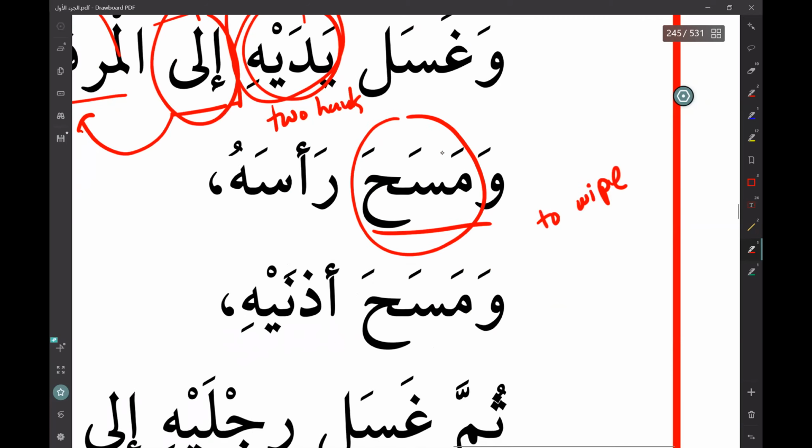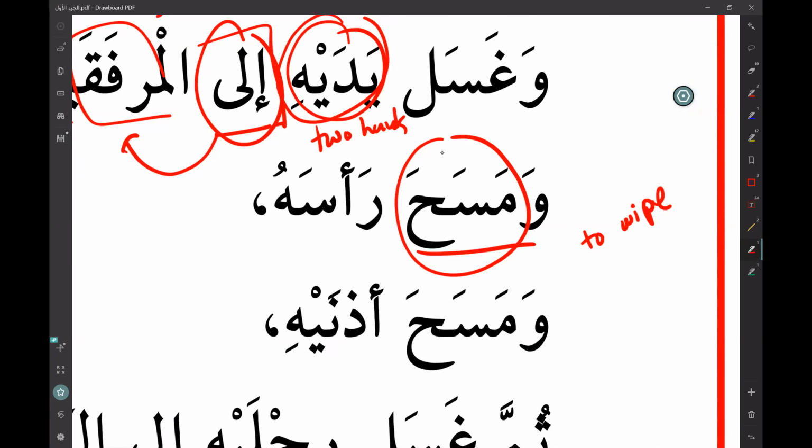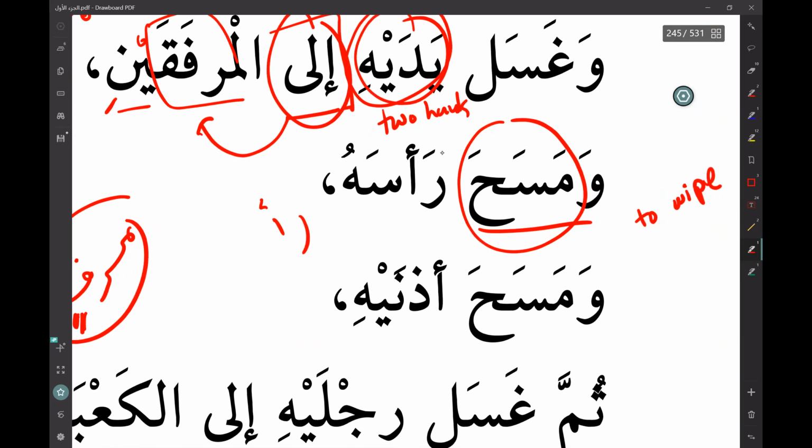So he wiped. What did he wipe? He wiped ra'sahu. So what is ra's? Ra'sun? Huh? What is ra'sun? Is head. Okay, yes. Ra'sun is head. So again, why do we have a fatha here? Because it's object. He washed what?